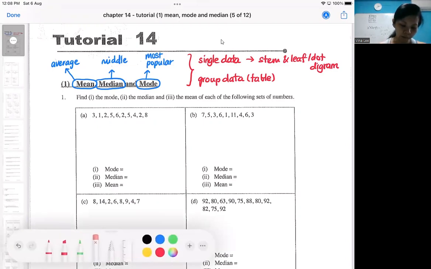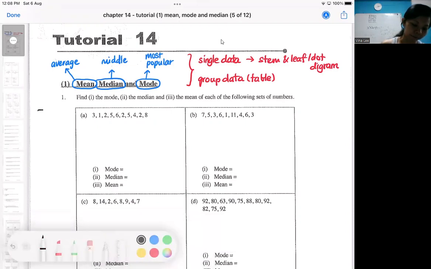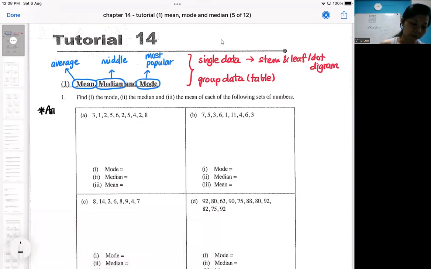The first thing that you will need to do will always be to arrange the data. You must remember to arrange, or else when you go to the middle guy, you will be going to the wrong guy. So you arrange from the smallest to the biggest.